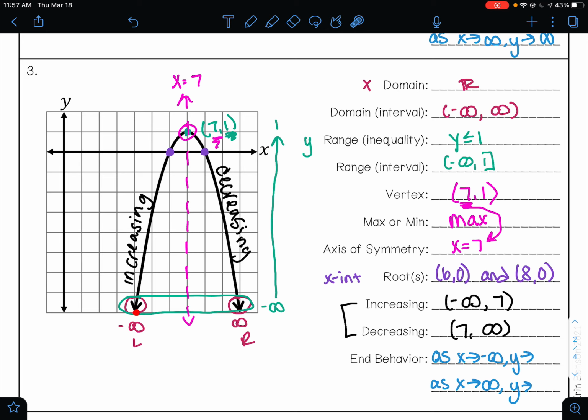The left side of my graph is pointing down, so that's going to negative infinity. As x approaches positive infinity, that's telling us to look at the right side of the graph. My right side of the graph is pointing down, so that's also going to negative infinity.